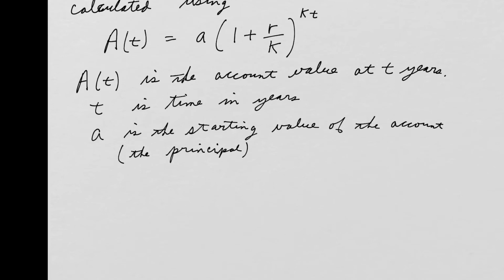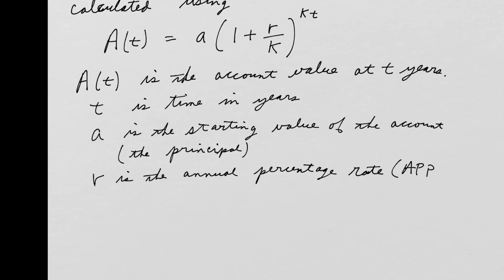r is the annual percentage rate. So it's the annual growth rate. People often call this the APR. So when you hear APR, that's what they mean, the annual percentage rate.